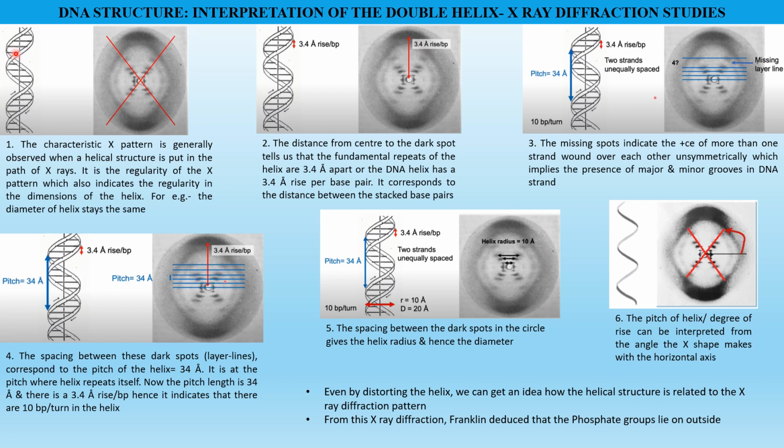This X pattern guided Wilkins and Franklin to derive some basic dimensions of the DNA structure. Now this X pattern is formed by the layer lines, which correspond to one turn in the helix, which is 34 angstroms.